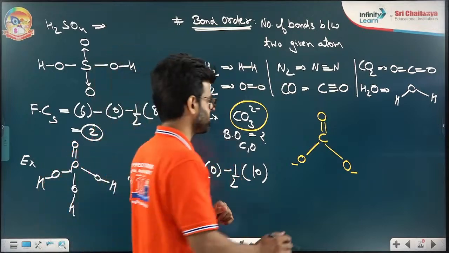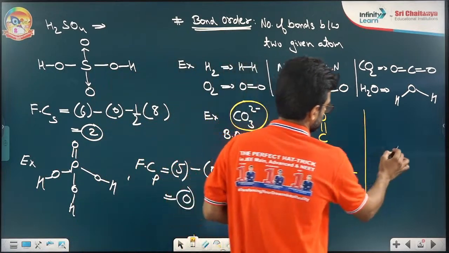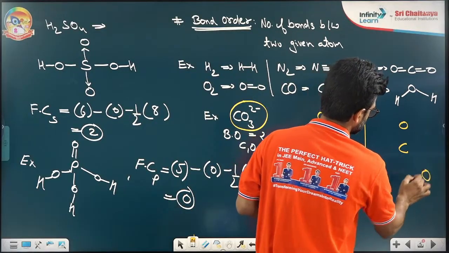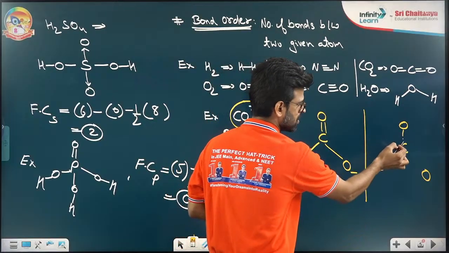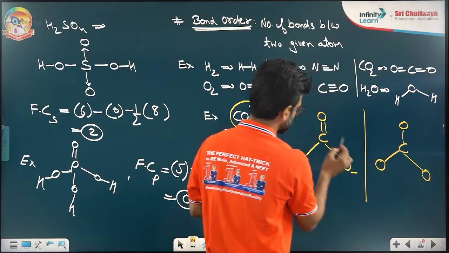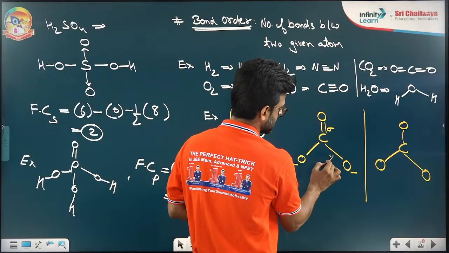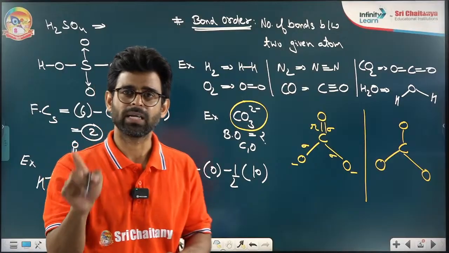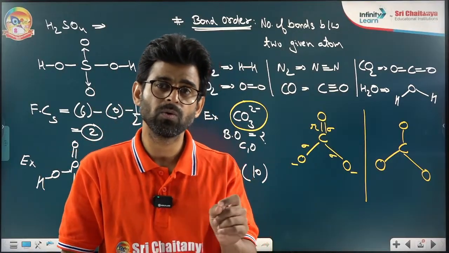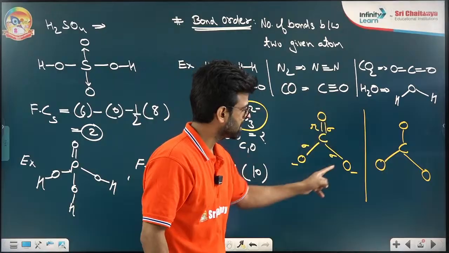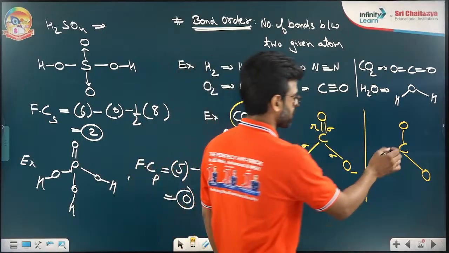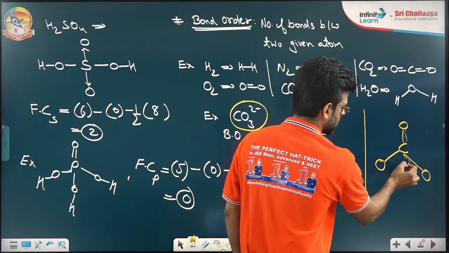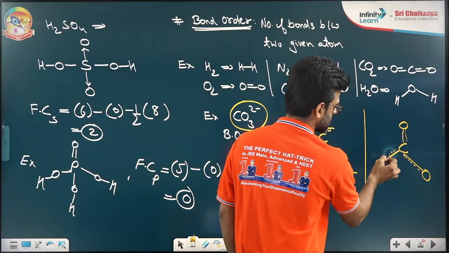You will see what happens here. Carbon, with oxygen here, here and here. Each has a sigma bond, and one is pi. This pi bond is delocalizing and will be present in all 3 locations, giving a partial double bond character in all the bonds.